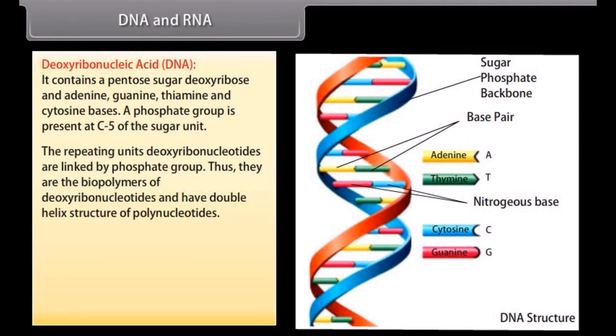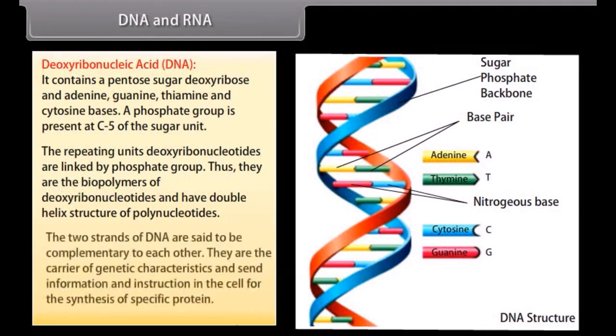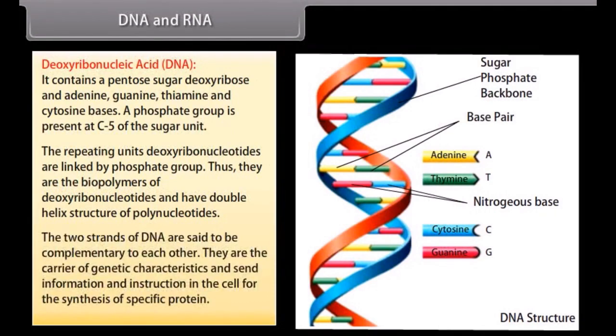Thus, they are biopolymers of deoxyribonucleotides and have a double helix structure of polynucleotides. The two strands of DNA are said to be complementary to each other. They are the carrier of genetic characteristics and send information and instruction to the cell for the synthesis of specific protein.